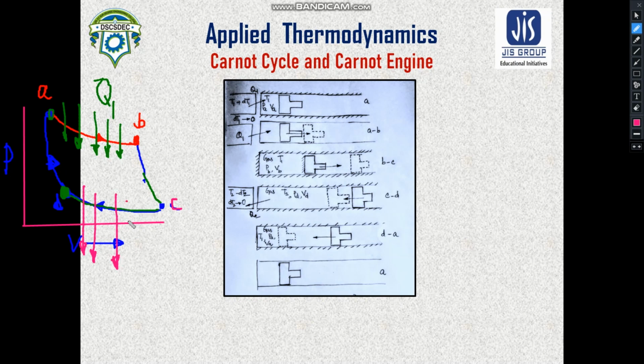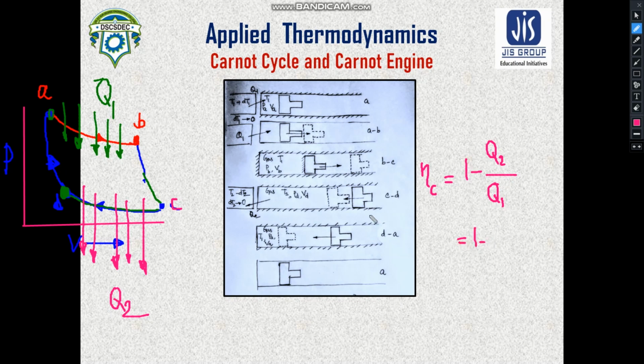That means heat is getting rejected from the system, from the gas here. Let us assume this is the heat rejection. So the efficiency of the Carnot cycle can be written as 1 minus heat rejected divided by heat added.